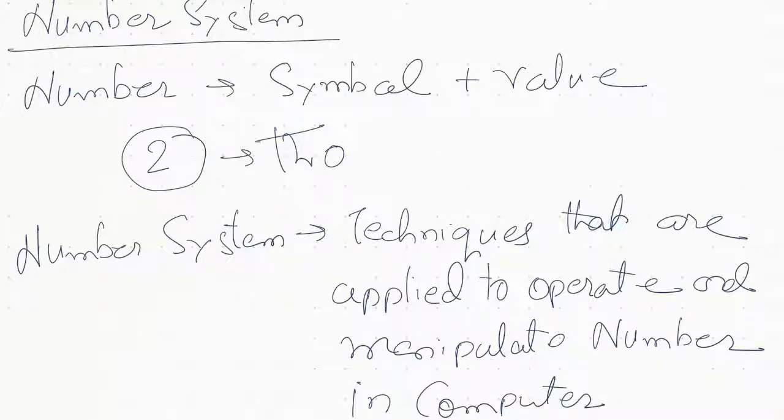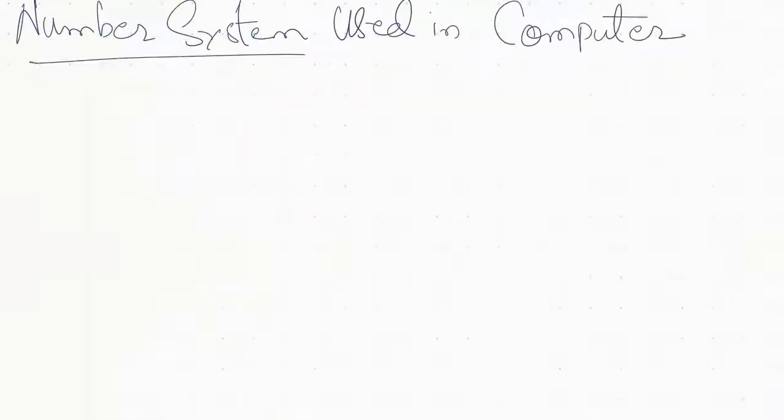So now we will talk about the different kinds of number system that are being used in computers. Now computers can only work with binary numbers, where every data is being represented by ones and zeros.